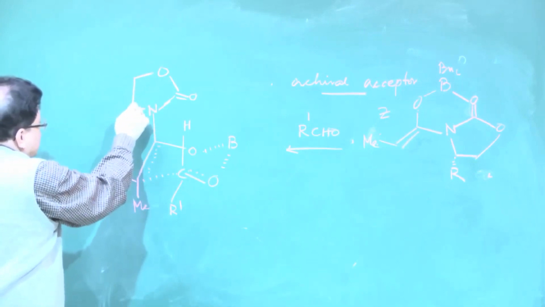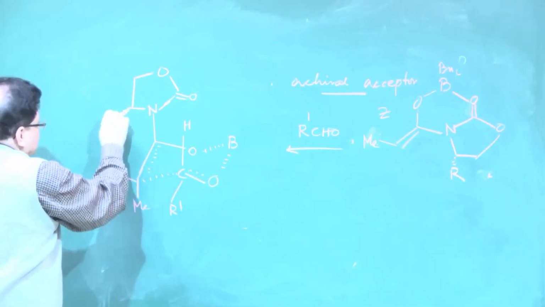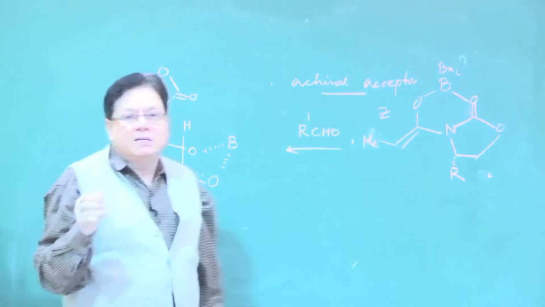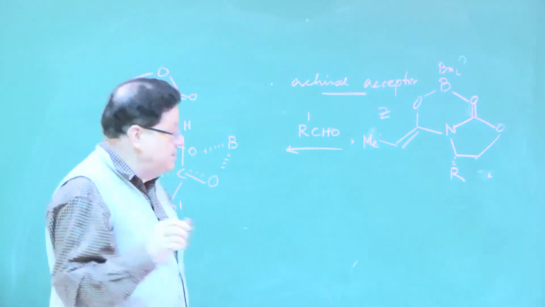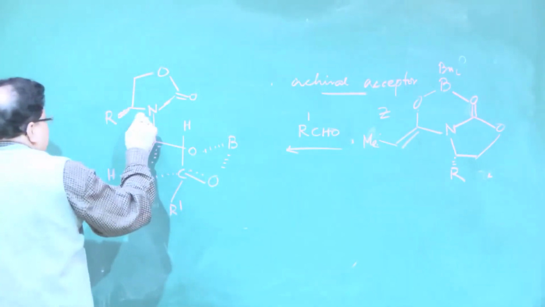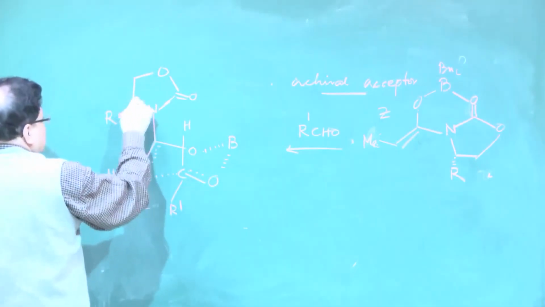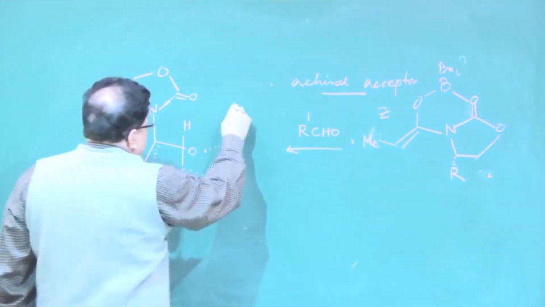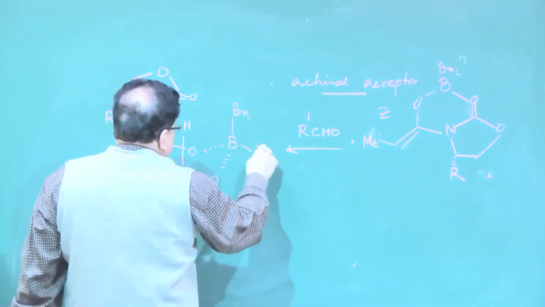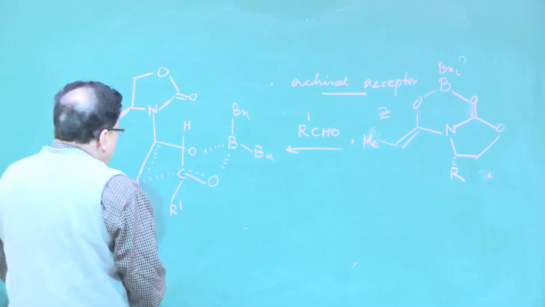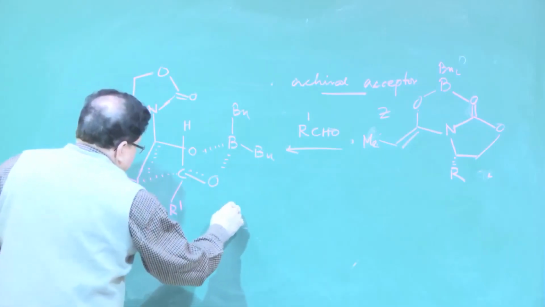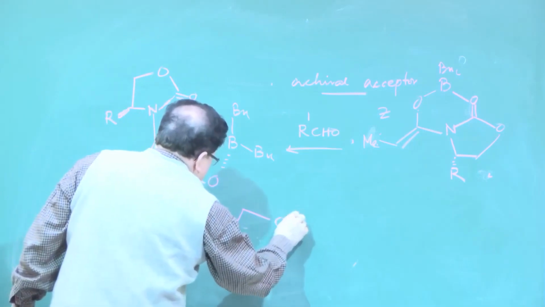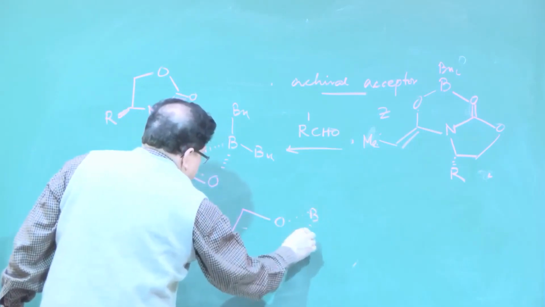If R is that one, then R has to be beta, because that makes it L, because all natural amino acids except cysteine are S. So, that has to be S configuration, 1, 2, 3. So, this is one possibility, this is your butyl. Okay. The other one is this transition state.